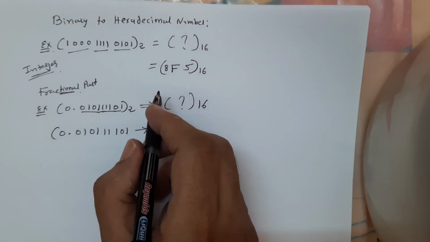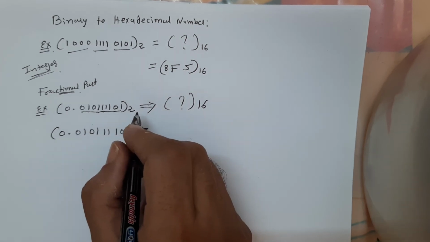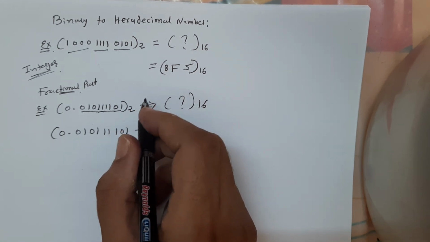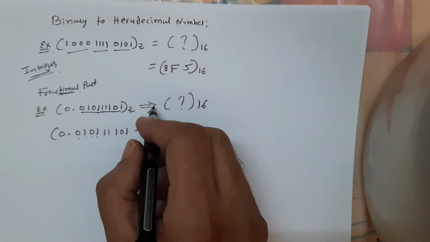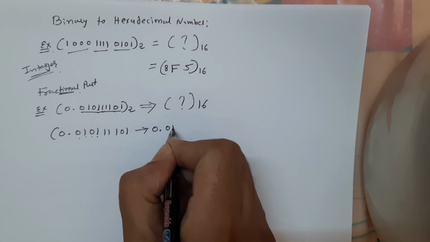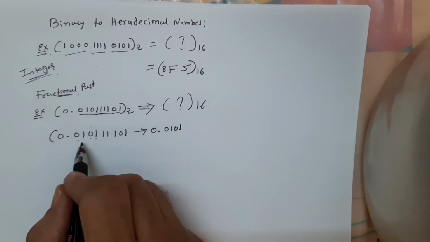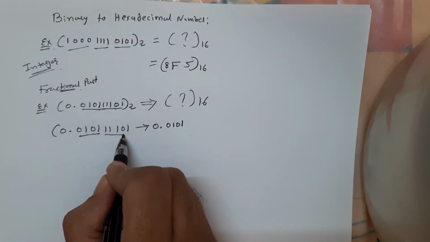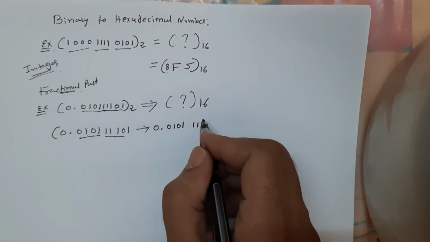Here, after the point, you convert it into groups of 4. Group of 4. So first of all, 0101. So we are taking 0101. Then next 4 is 1110, right?